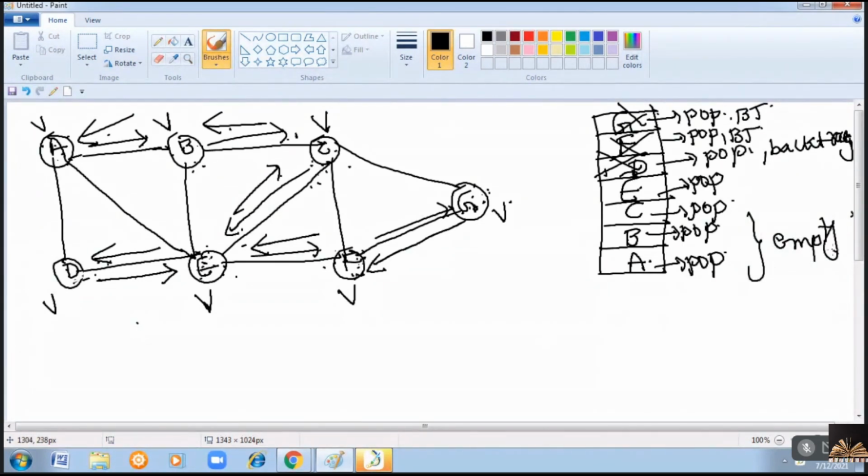When the stack is empty, you can stop this traversal process and produce the spanning tree by removing the unused edges. What are the unused edges here? 1, 2, 3, 4, 5. These are the unused edges, right? You just remove those unused edges and produce the spanning tree.